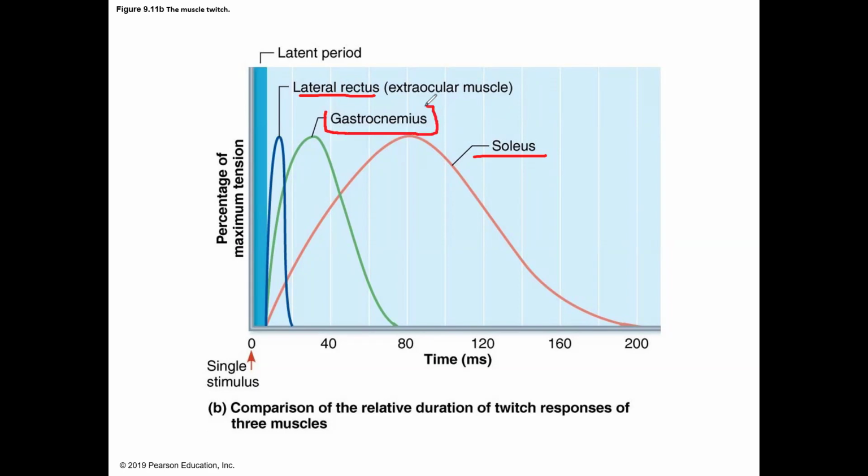They can resist fatigue somewhat, but not to the extent of muscles that can contract for longer durations. So going back to the muscle called the gastrocnemius, your calf muscle, it's somewhere in between. It doesn't contract too fast nor too slow, yet it also doesn't fatigue too easily. So it can sustain a contraction somewhat.